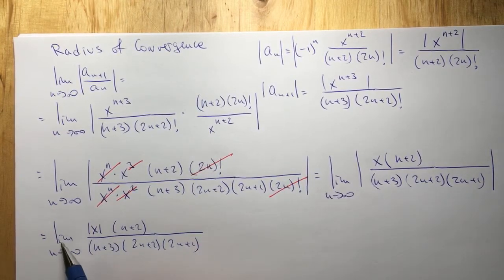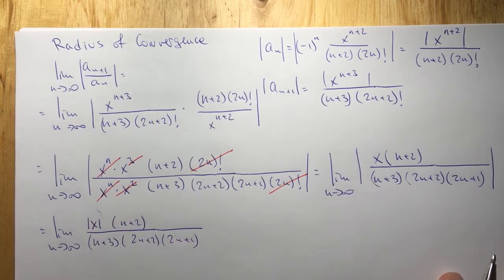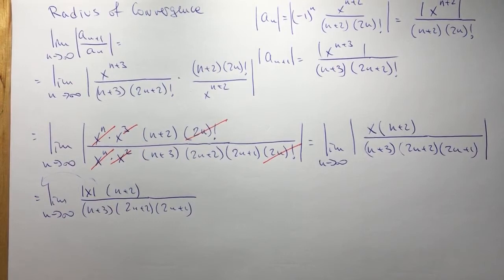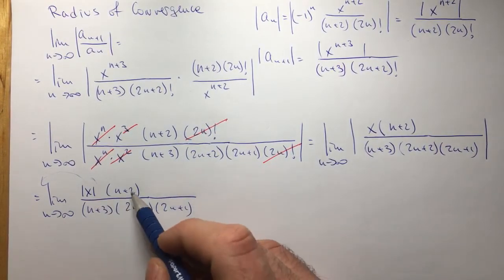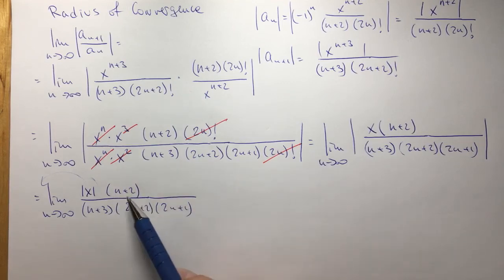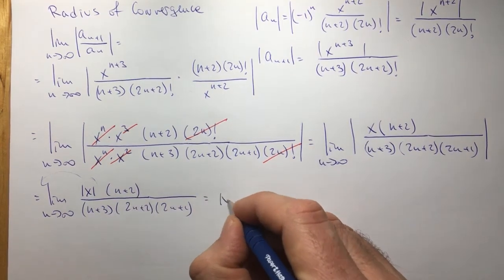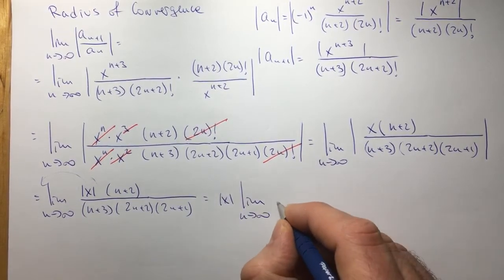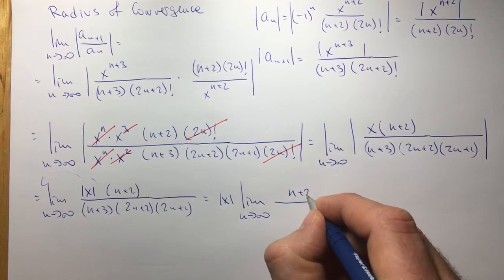Now, because this limit does not depend on x, I'm going to treat the absolute value of x as a constant. If you prefer, you can take it outside of the limit sign. We're interested in what happens with the ratio of these factors. On top, I have a linear expression in terms of n.